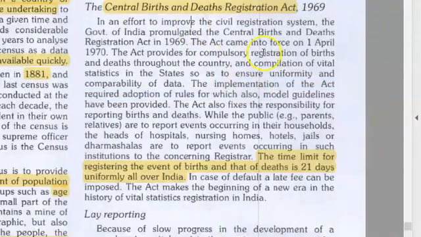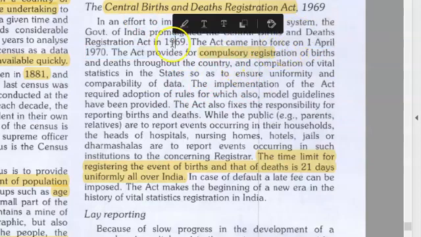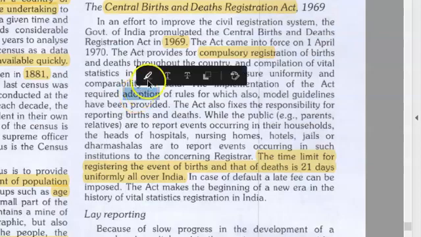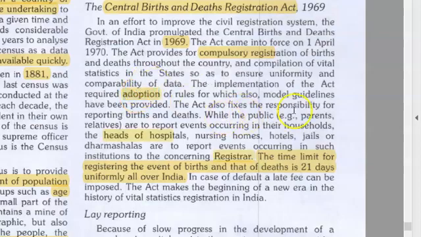Just remember, guys, 1969, compulsory registration, it is in force from 1st April 1970. So basically even adoption you have to register, because that is like a childbirth kind of thing, right? So the responsibility of registering lies with the public, the parents, relatives, hospital heads, nursing homes, etc.